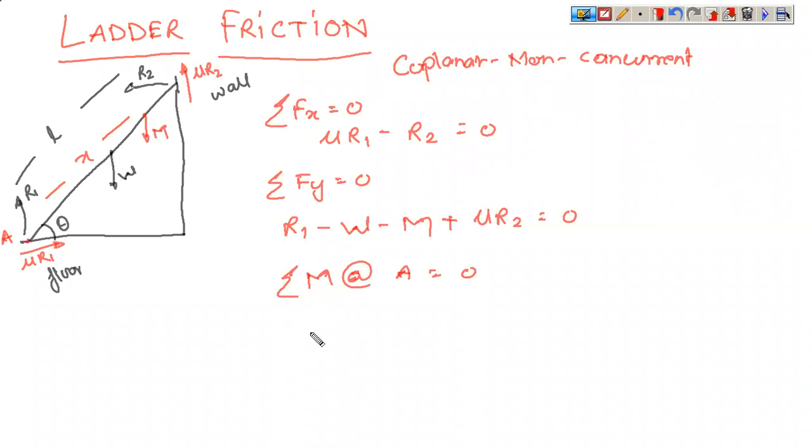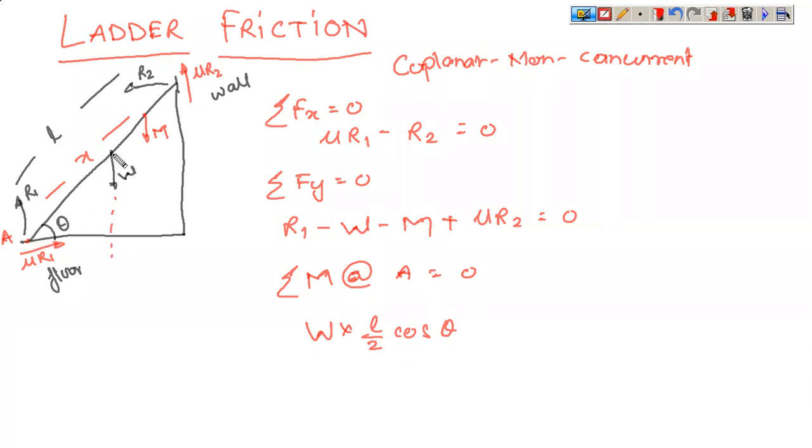Okay. Now W. W is the weight of the ladder. It lies at what distance? It lies at a distance L by 2. So the perpendicular distance is L by 2 cos theta. Why L by 2 cos theta? Because the perpendicular distance between W and A is this much.